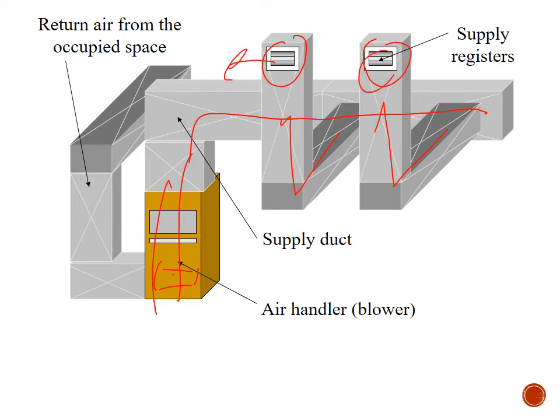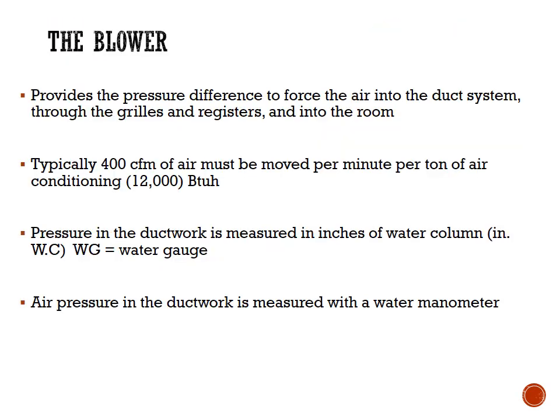This is called the supply register, and we said the aspect ratio should be 3:1 ideally. The blower adds pressure. That's your blower motor. It acts like a big inducer fan that will blow out pressure inside the main duct, and it will branch into small little ducts.